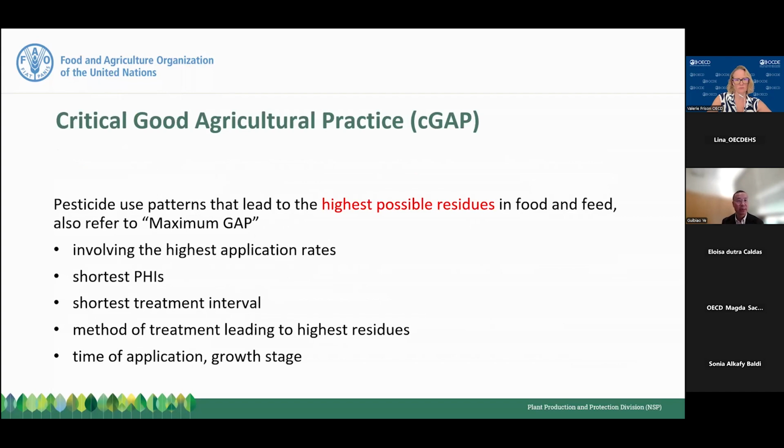That means the pesticide use pattern which will cause the highest possible residue in food and feed, we also call maximum GAP. This always involves the highest application rate, because normally the application rate makes a significant contribution to the final residue in the crop.